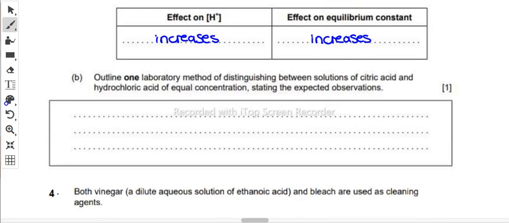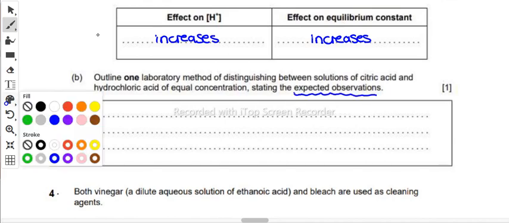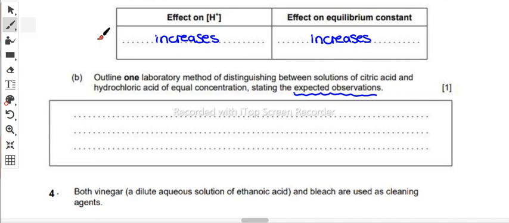Outline one laboratory method of distinguishing between solutions of citric acid and hydrochloric acid of equal concentration. State the expected observation. We have several experimental methods that can be used to distinguish between the weak and the strong. For example, testing the electrical conductivity.